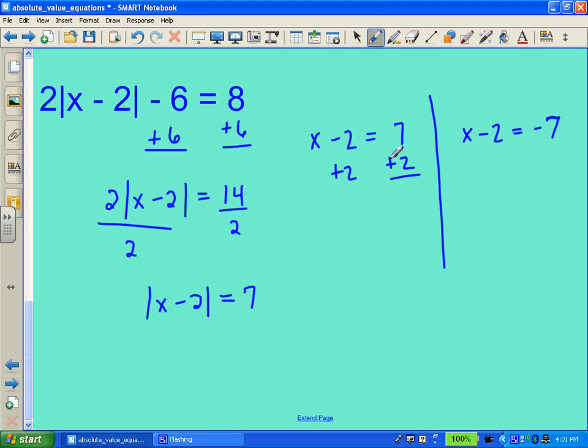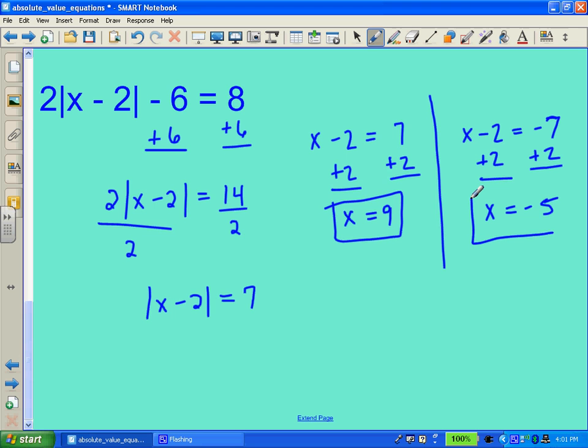Here I have to add 2, add 2. So x equals 9. Here I have to add 2, add 2. So x equals negative 5. So it could be, once again, either answer.